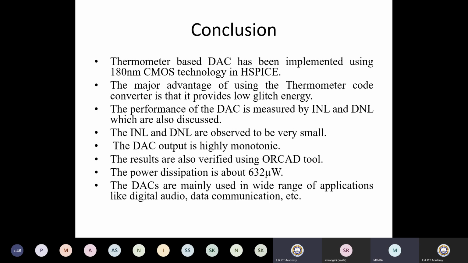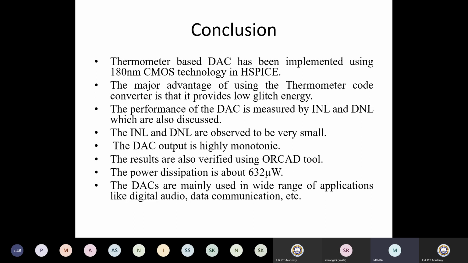The conclusion is we have used a thermometer based current steering circuit to make digital to analog conversion, and we used 180 nanometer CMOS technology in HSPICE. The major advantage of thermometer code is low glitch energy, meaning the disturbances will not be there.